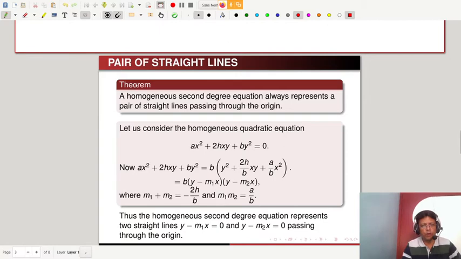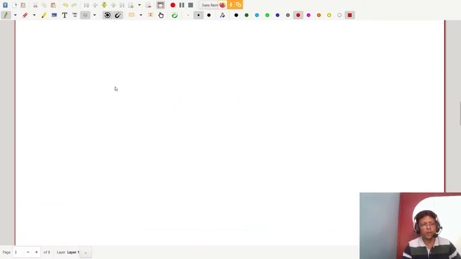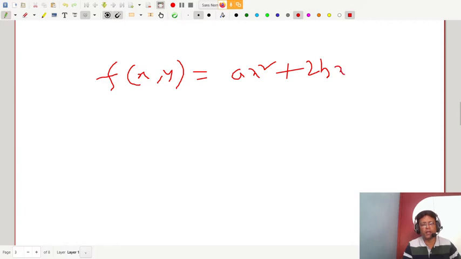So what do you mean by a homogeneous equation? Firstly, you have to know what a homogeneous function is. Suppose I give you one example of a function: f(x,y) equal to ax squared plus 2hxy plus by squared. This is a function of x and y, and it is a type of homogeneous function. Why?